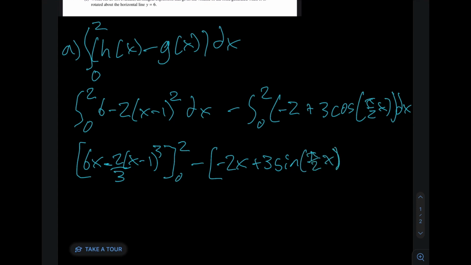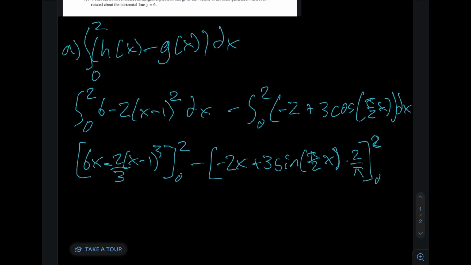But now there is chain rule that happens, or I guess reverse chain rule, because obviously if you took the derivative of this, you would get a pi over 2, which pops out. And so basically you're going to have to multiply it by a 2 over pi, which would cancel that pi over 2 popping out. Bam, and that from 0 to 2.